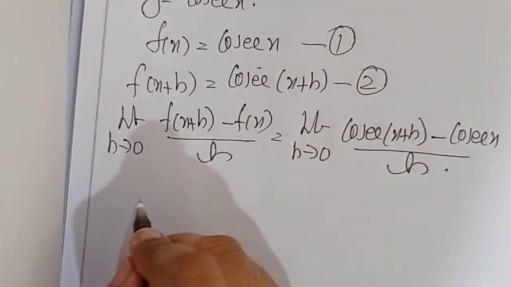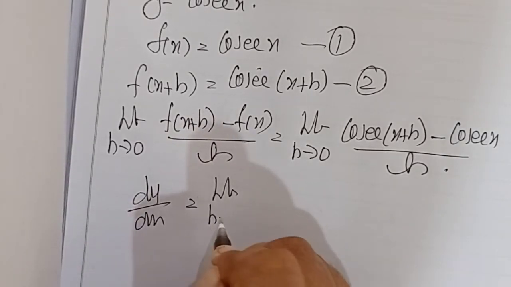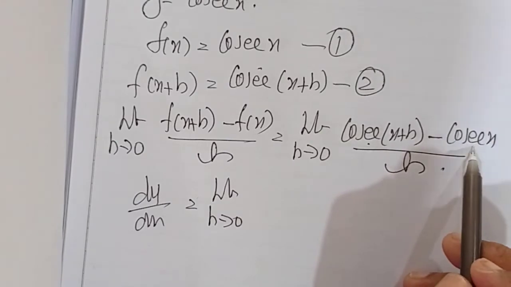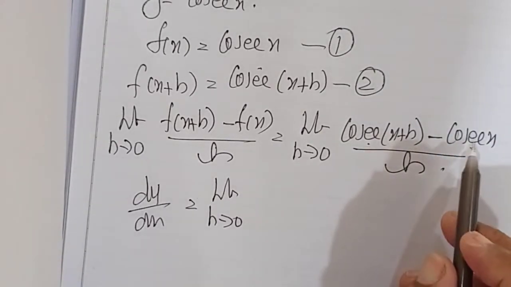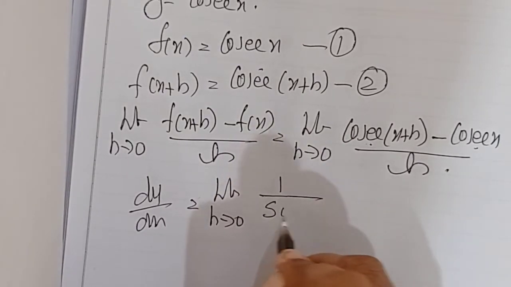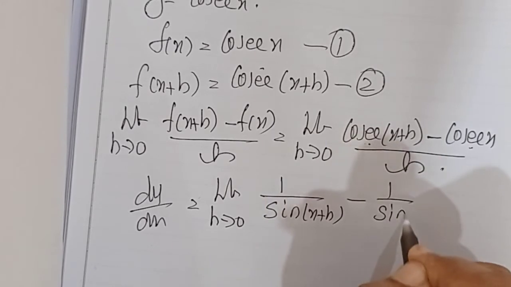Understand? That is dy by dx is equal to limit h tends to 0. If it is sec, we write 1 by cos, isn't it? Therefore, what is cosec? Yes, 1 by sin(x+h) minus 1 by sin x.